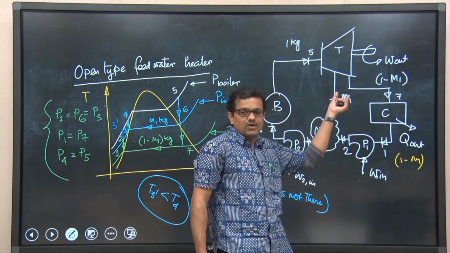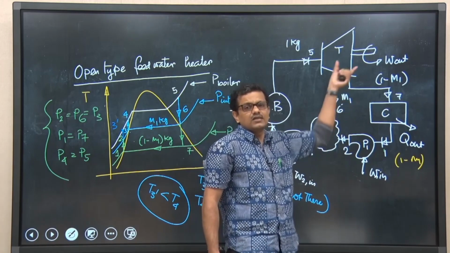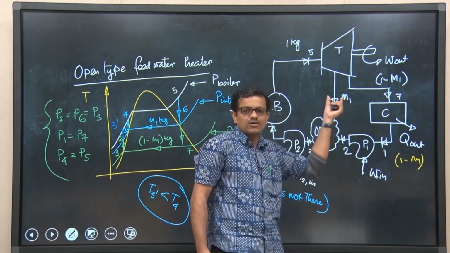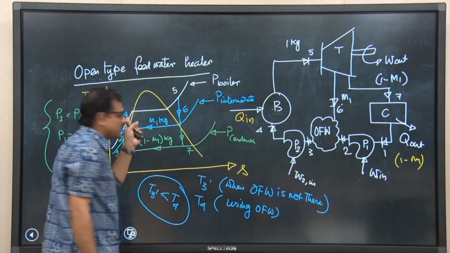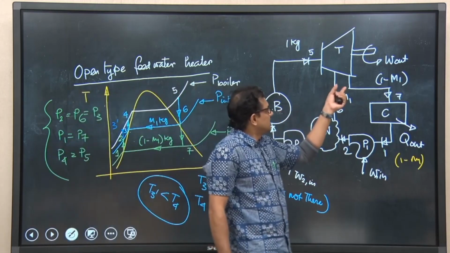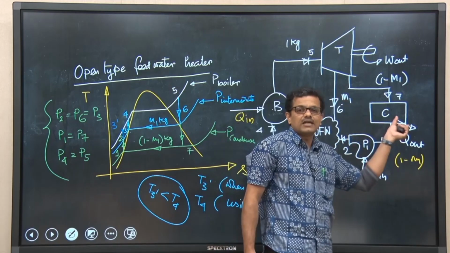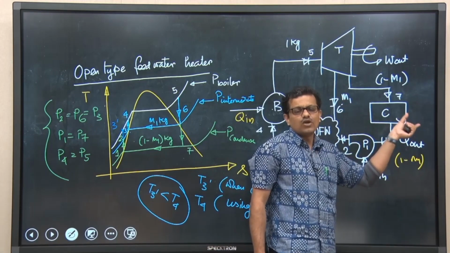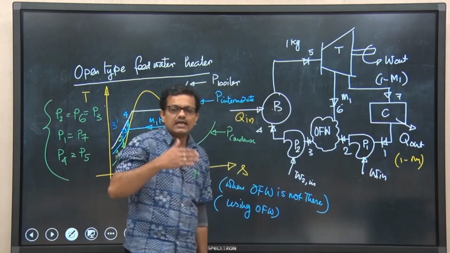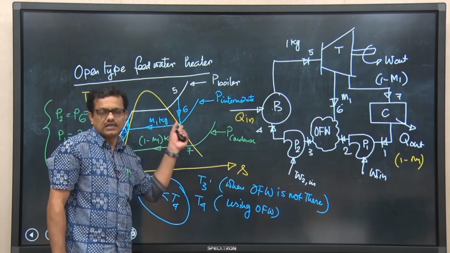But by extracting this amount of steam, we could increase the temperature of the feed water. Not only that, since this amount of steam is extracted, the amount of heat that must be rejected also decreases. So, the overall impact is to raise the efficiency of the cycle.